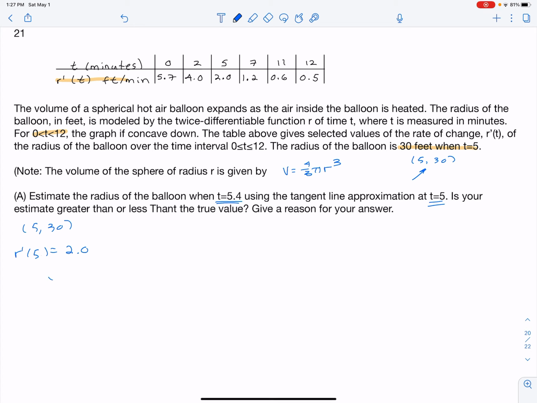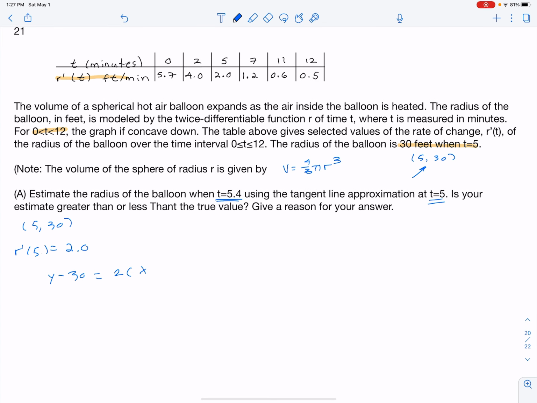So what is the equation of our line? y minus 30 equals, what is the slope? 2 times x minus 5. So I get y equals 2 times (x minus 5) plus 30. From here, we just evaluate this at the number they want, which was t equals 5.4.